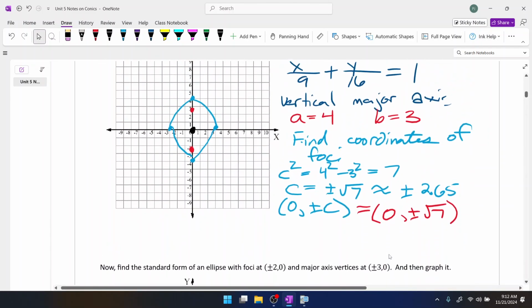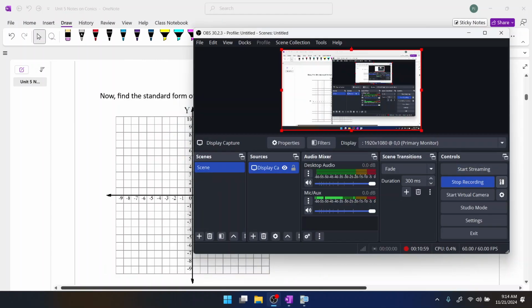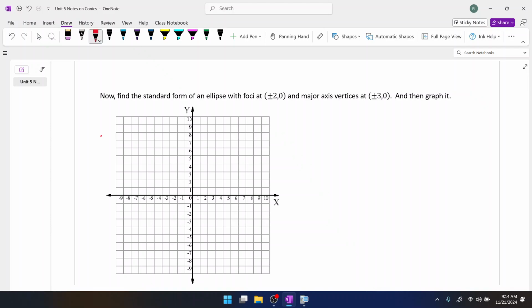In this next example, the b value is actually going to be not an integer, but you might be given the equation, foci and the major axis vertices. So you'll have to figure out the b value based on that. The vertices are at plus or minus 3, 0: (3, 0) and (negative 3, 0).